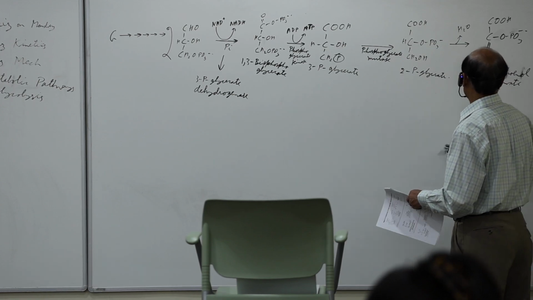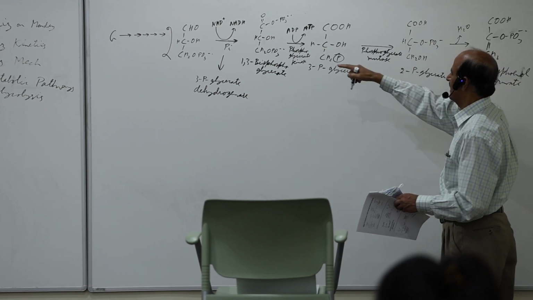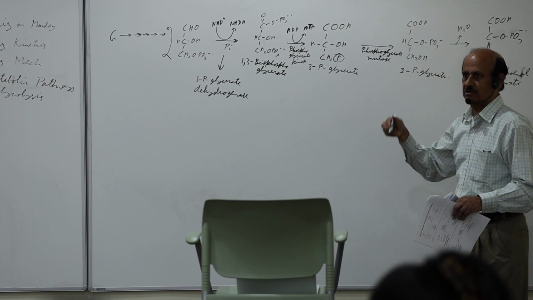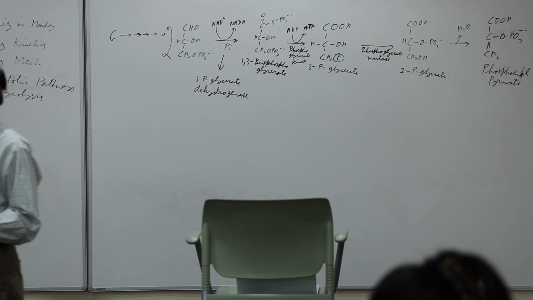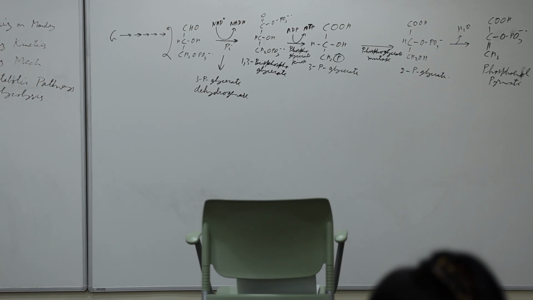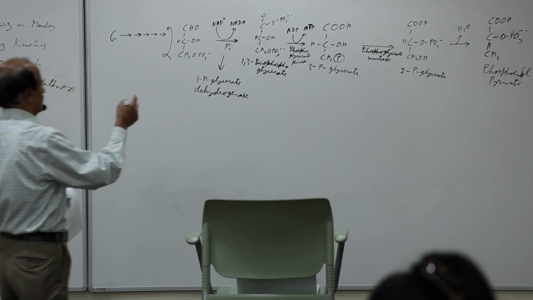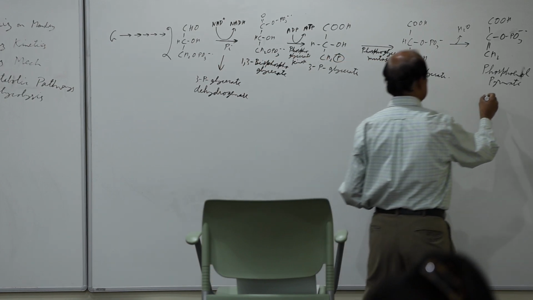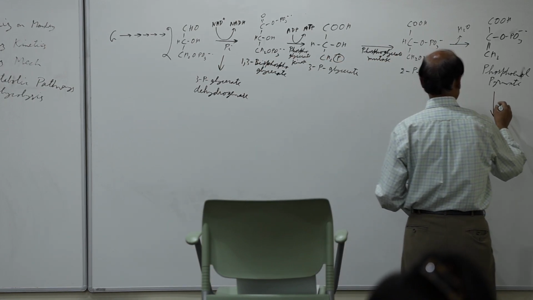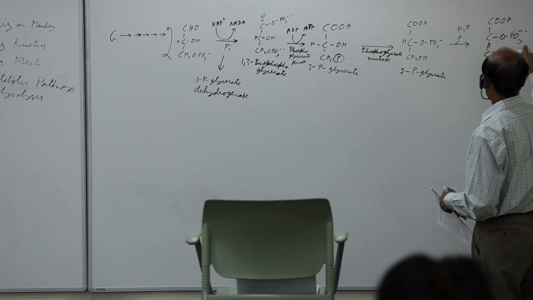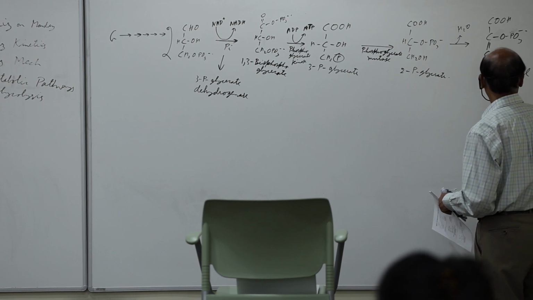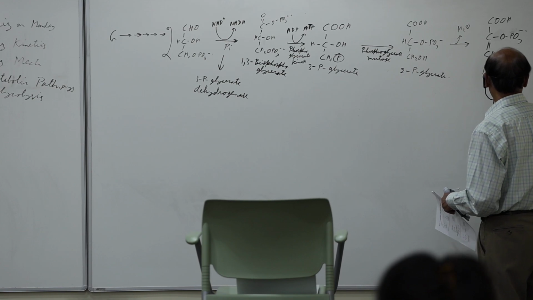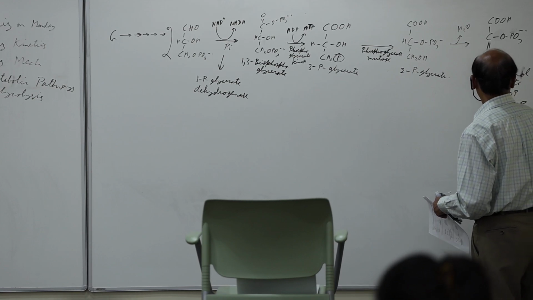So obviously in the next step, and all these reactions I'm writing in one direction, but I already told you there are only 3 irreversible steps, steps 1, 7, and 10. So these are actually all reversible steps, and then in the next step it is an irreversible step where this phosphate will be transferred to ADP to make ATP. So you get pyruvate.